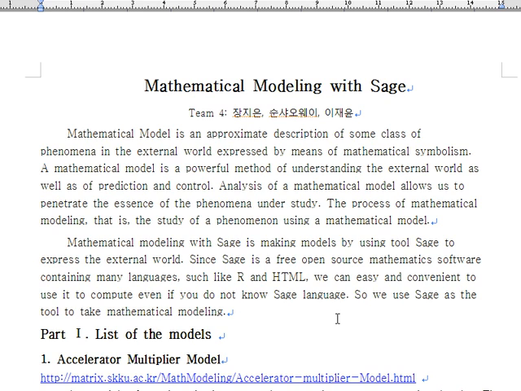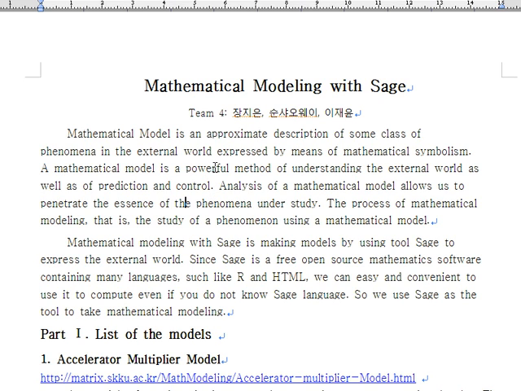If you see our topic, you may have some questions about it. What is a mathematical model, what is mathematical modeling, and why use Sage to do this? A mathematical model is an approach to approximate descriptions of some class of phenomena of the external world, expressed by means of mathematical symbols.